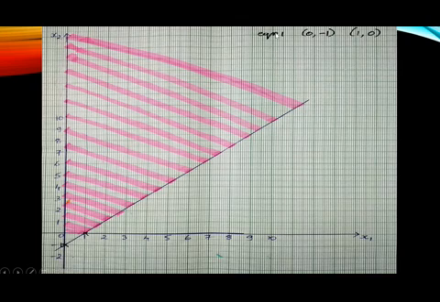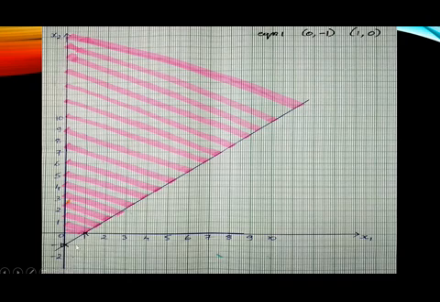Considering the first equation, the point is 0 comma minus 1, 0 along x1 and minus 1 along x2. So this is the point. The point is outside the first quadrant, but that is not a problem because the line can be extended on either side. The other point is 1 comma 0, 1 along x1, 0 along x2.